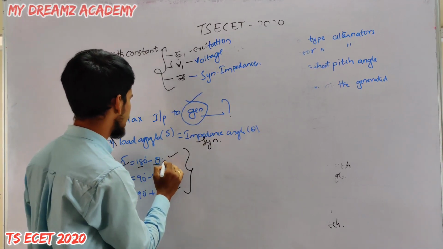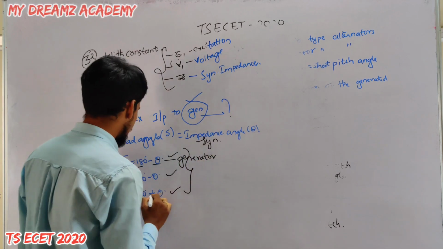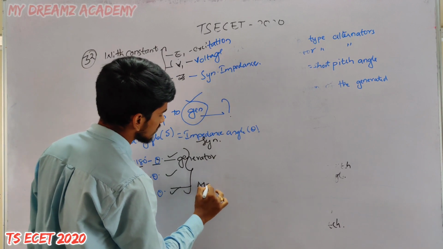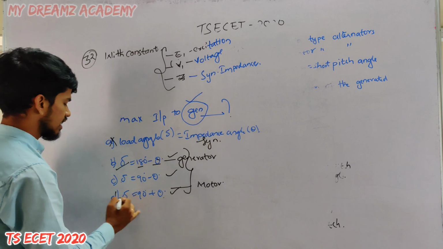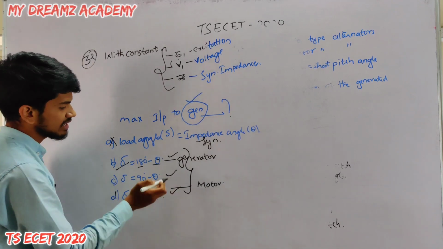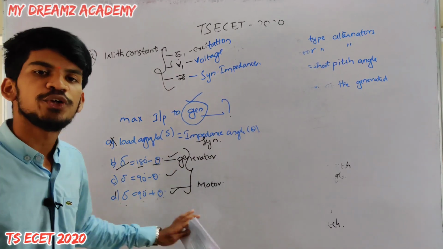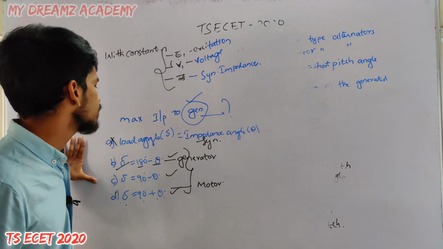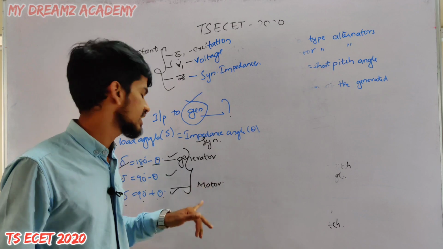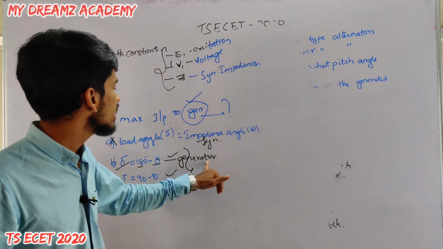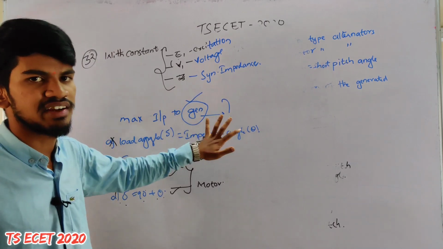Option B, 180 minus theta is for generators. 90 minus theta is for motors. Okay, 90 minus load angle is equal to 90 plus impedance angle is for motor. Whenever this type of question arises, you need to differentiate the options mainly: which option is related to which question, which condition is given here, we need to check.